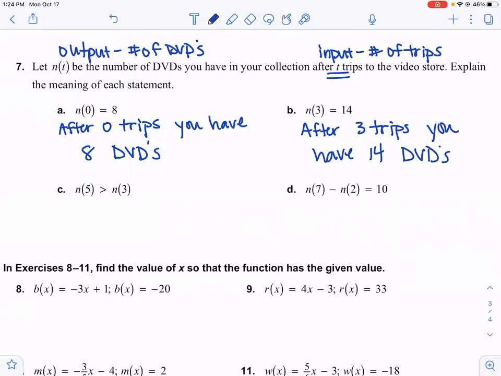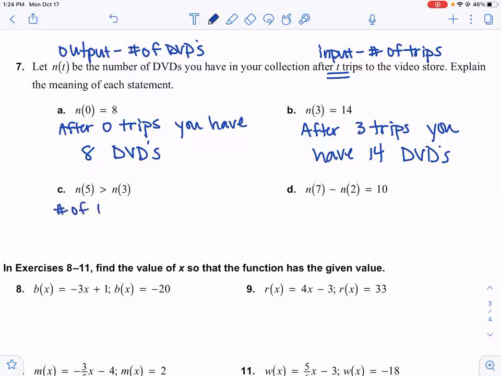How so? Because you put in your 5 for your equation. So it's not that 5 is bigger than 3. What is N of 5 standing for? 5 trips. So the number of DVDs after 5 trips is bigger than the number of DVDs after 3 trips. Well, that would make sense, right?